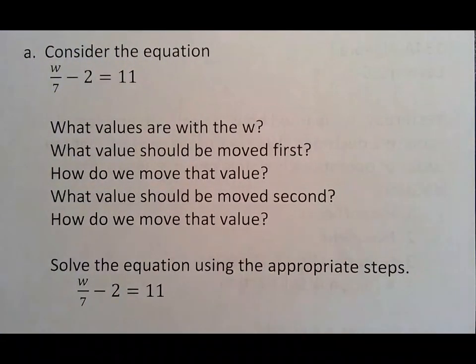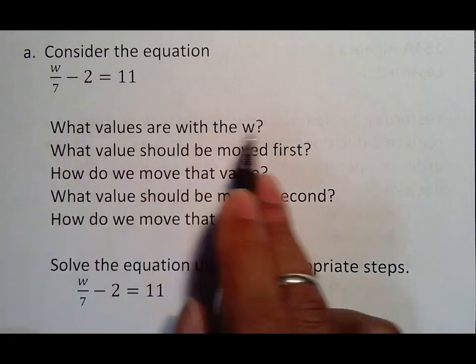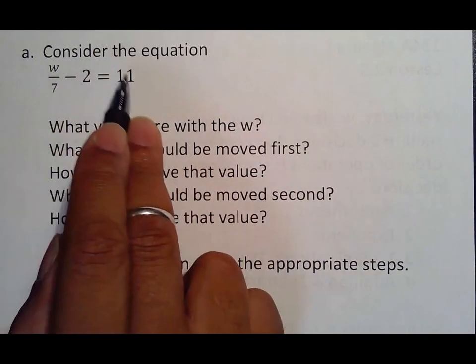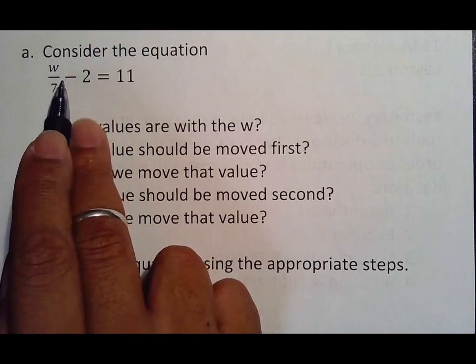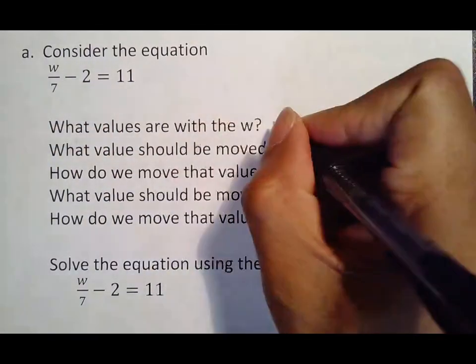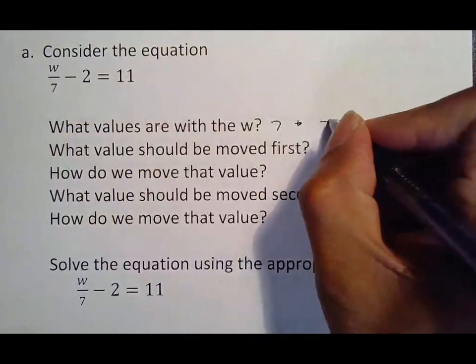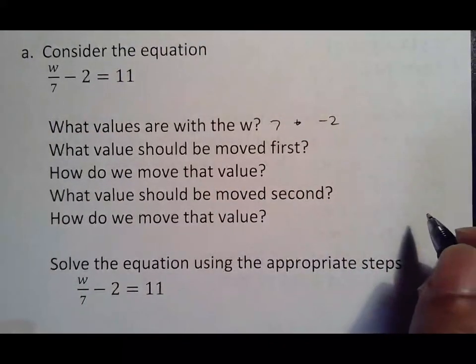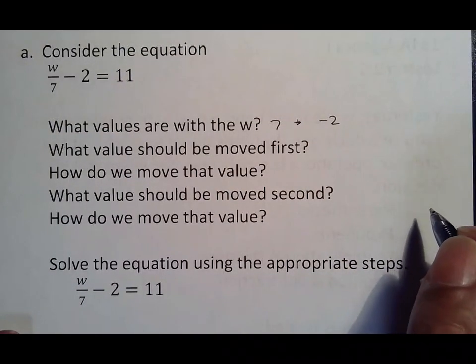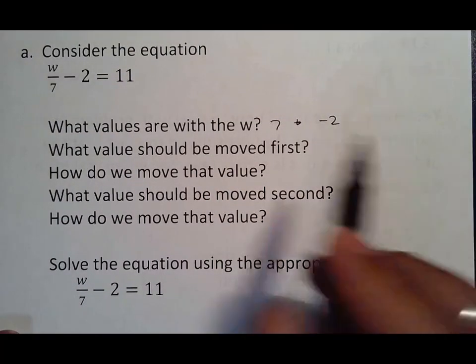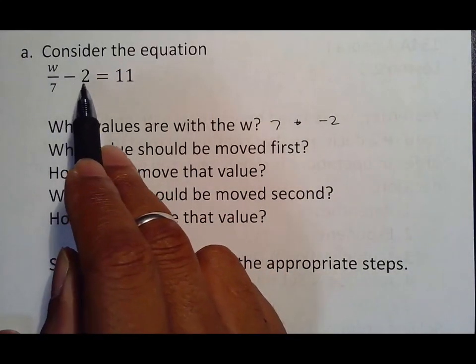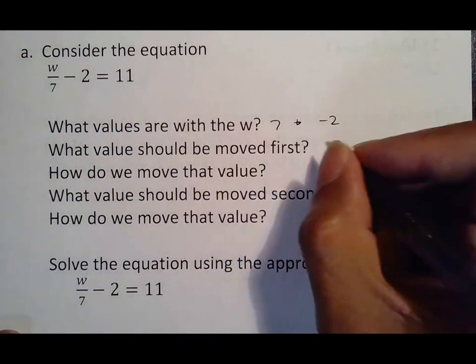When you see this question on today's work, it's going to ask about the same things as yesterday. What values are with the W? Here's your W. We ignore the 11 because that's on the other side. The numbers with W are 7 and, remember, you need to put that negative, -2. What value should be moved first? Remember, the addition subtraction should go first. That is the -2.